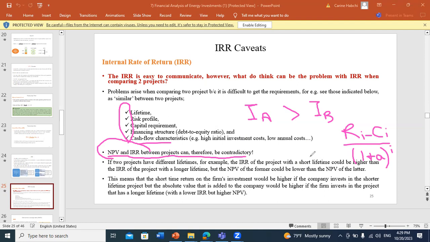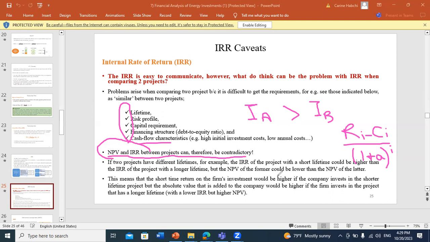Therefore, for projects with short lifetimes, we can have IRRs that are larger. But on the other hand, in general, when you have a longer lifetime, you can also expect a higher investment and higher return. So the NPV results might be different.